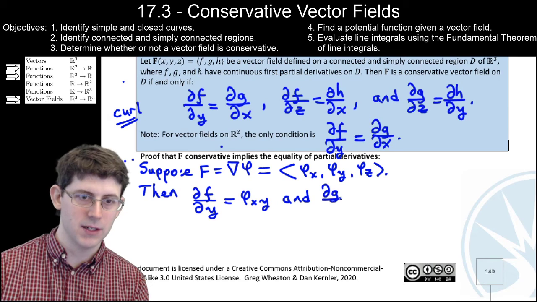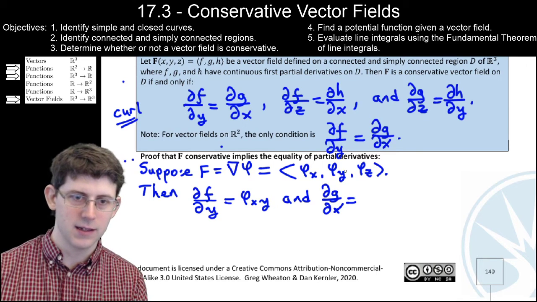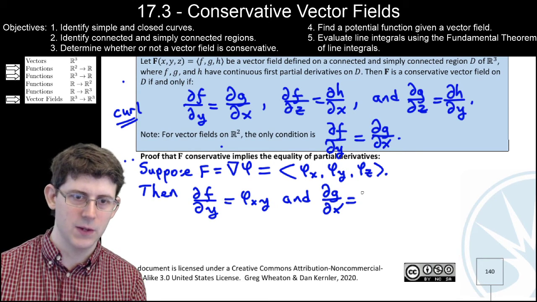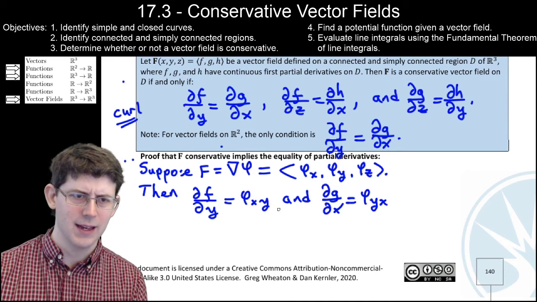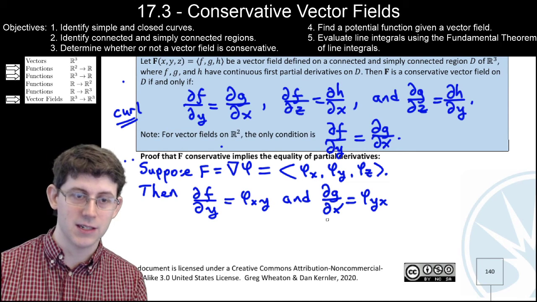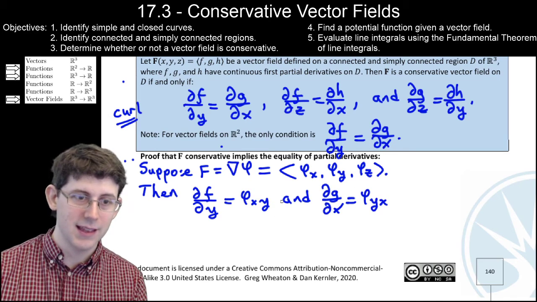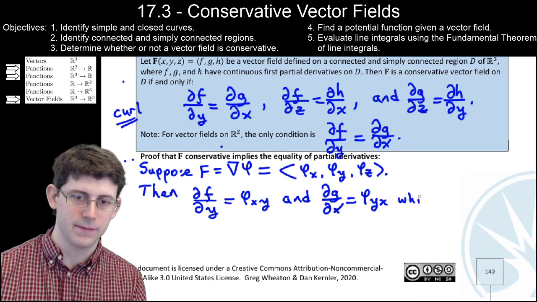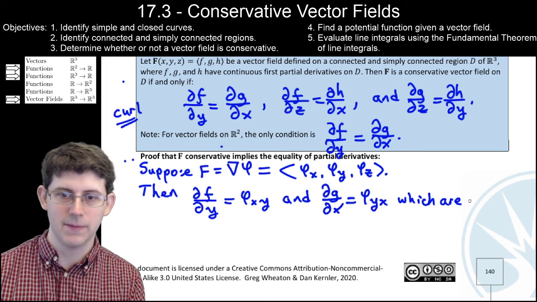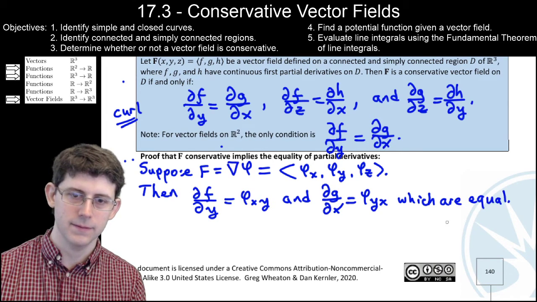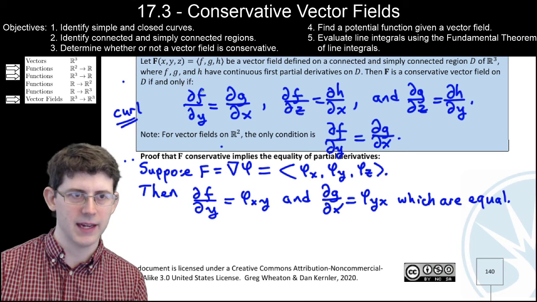And partial g partial x is, well, here's g, phi y, and we're taking the x partial derivative of phi y. And we got the mixed partial derivatives of this function. Because we've demanded that the function is going to be nice and smooth, then these are just equal. The mixed partial in different orders comes out the same. So that covers the first one.